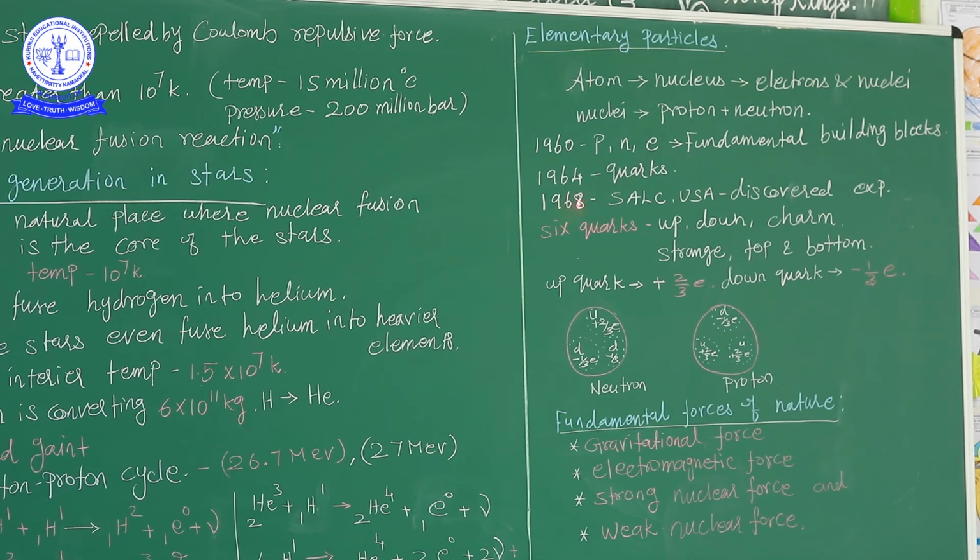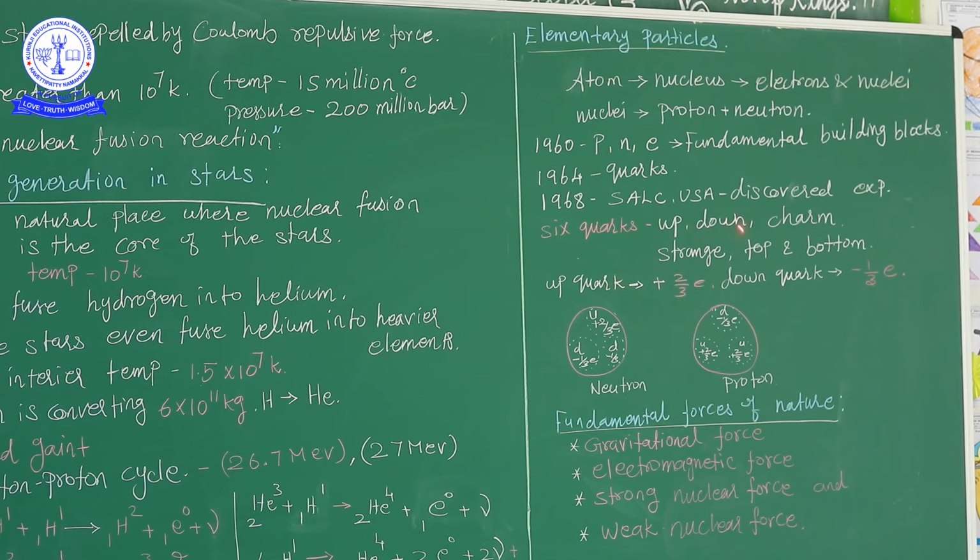In 1968, quarks were discovered, that means the 6 types of quarks: up, down, charm, strange, top and bottom. These are the 6 quarks.